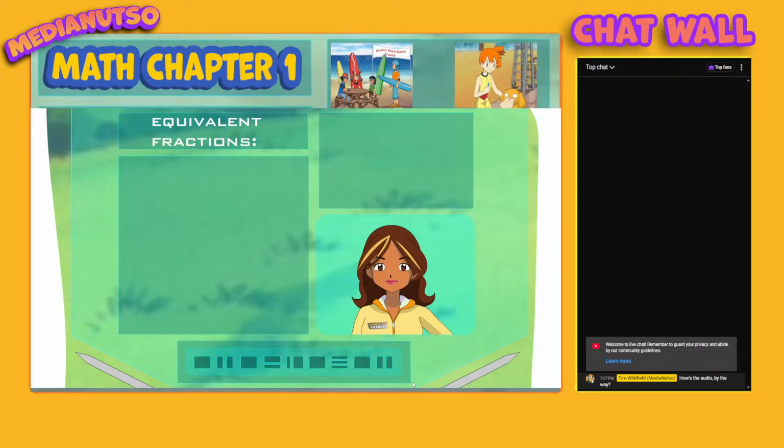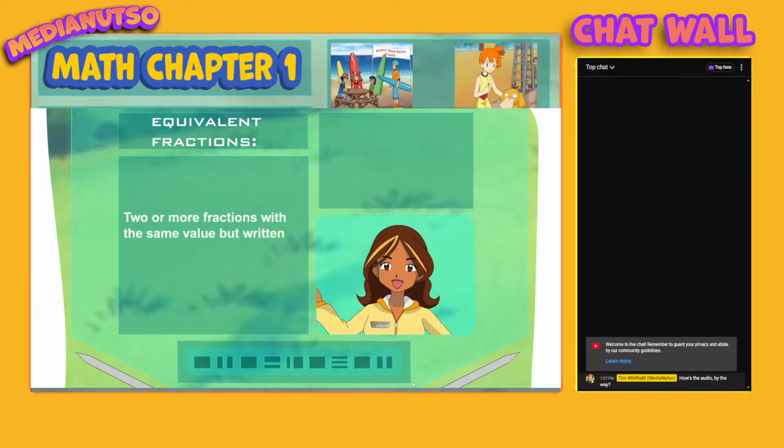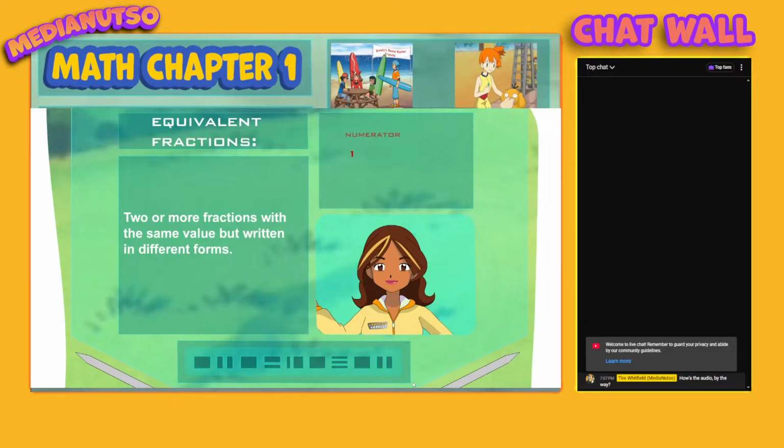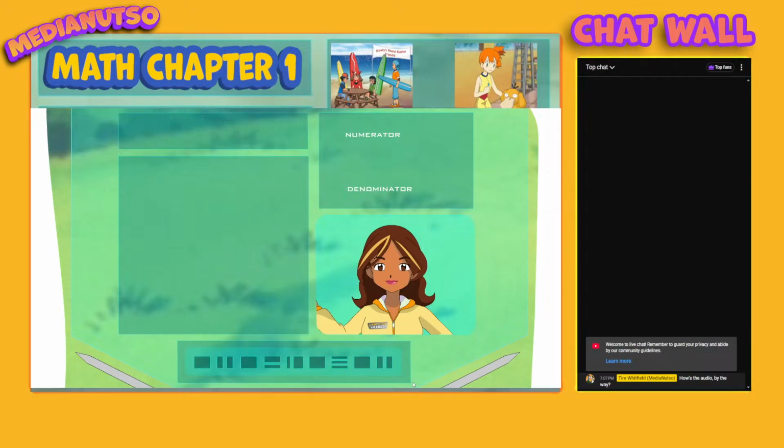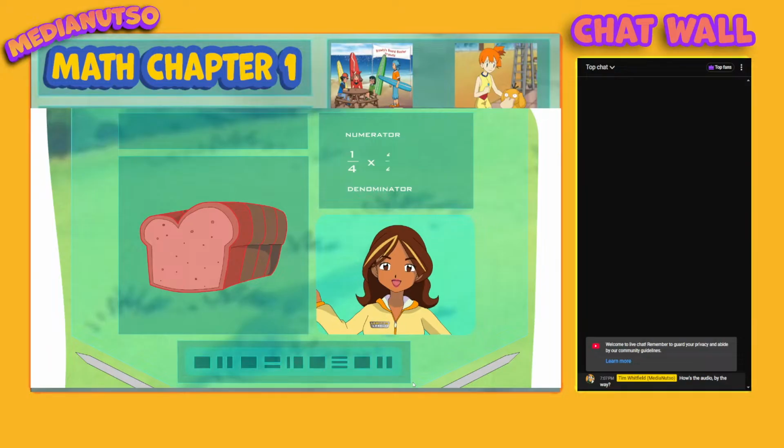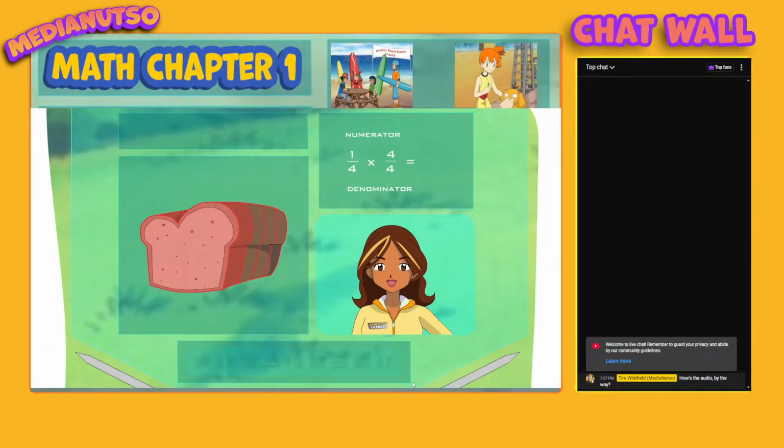So, you mean they're equal fractions? Yes. Equivalent fractions are 2 or more fractions that have the same value but are written in different forms. You can find an equivalent fraction by multiplying the numerator and denominator by the same number, like this. If you multiply 1/4 by 4/4, which is the same as 1, you get 4/16.